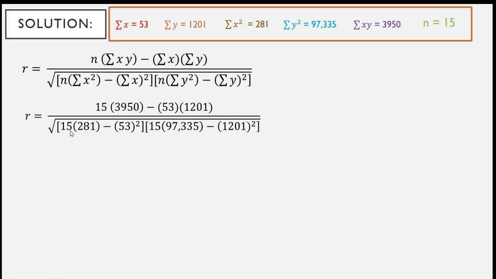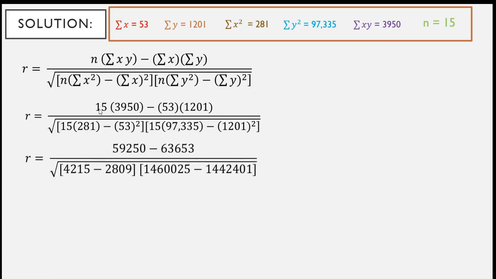All over square root of n is 15, sum of x squared is 281 minus sum of x is 53, then you square it, times n is 15 times sum of y squared is 97,335 minus sum of y is 1,201, and then you square it.